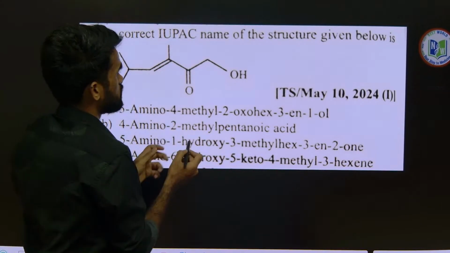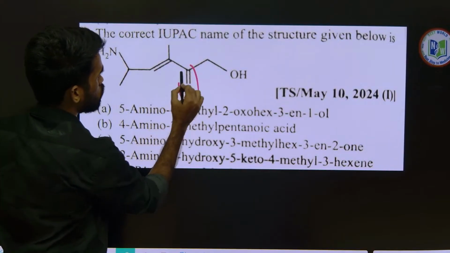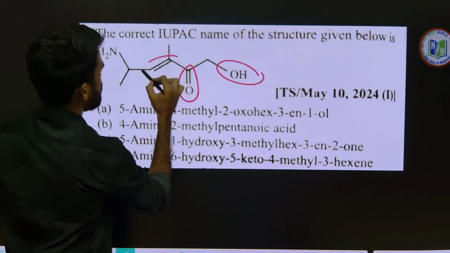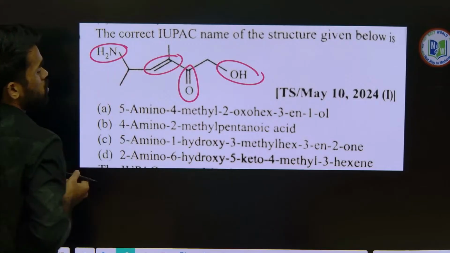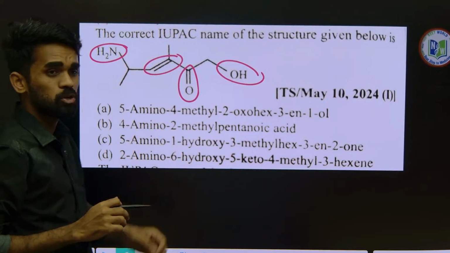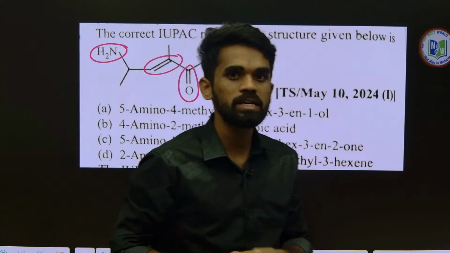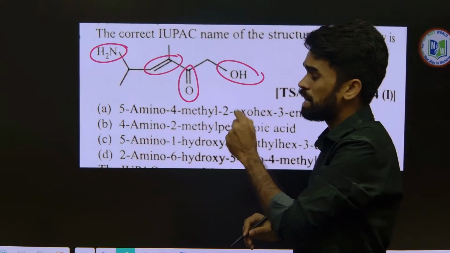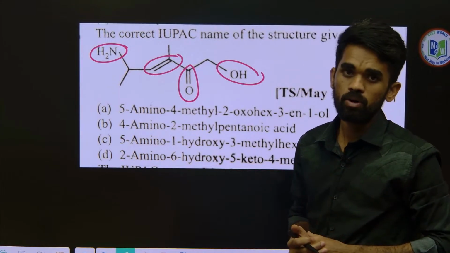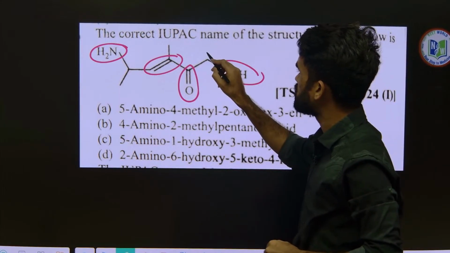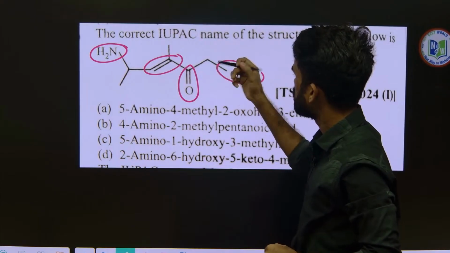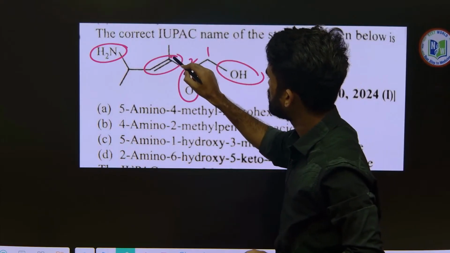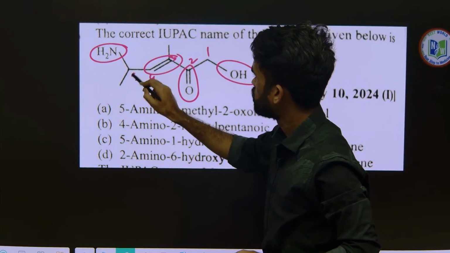Look at this. Here we have a keto group, one hydroxy group, one double bond and one NH2 group. All these are functional groups, but which is the more prioritized functional group? Keto, right? So the keto group should get the lowest number. So you can number from this terminal: 1, 2 and carbon 3 here, 4, 5, 6, like this.